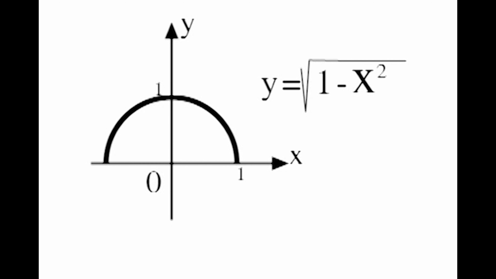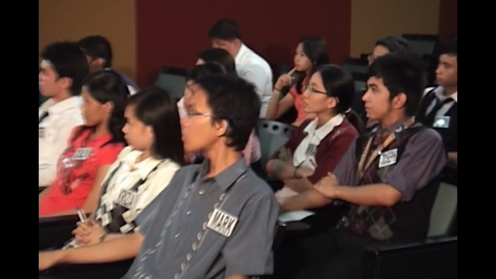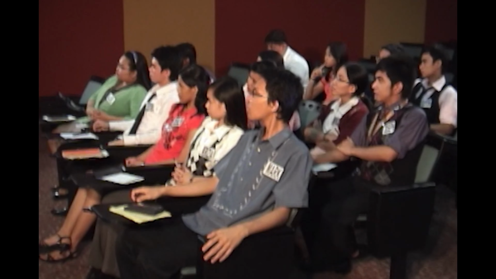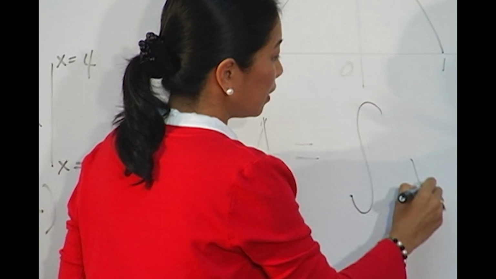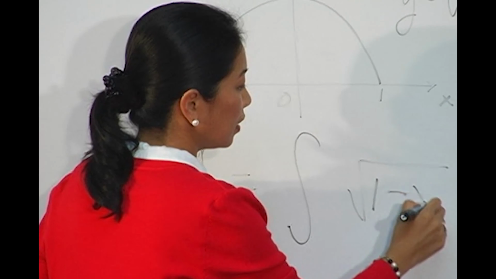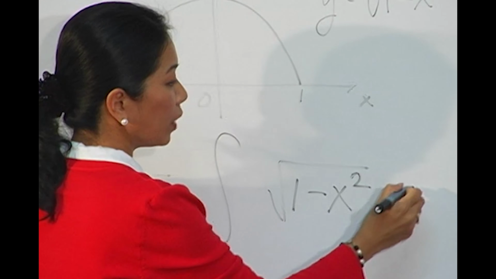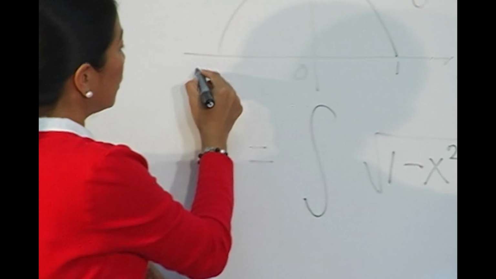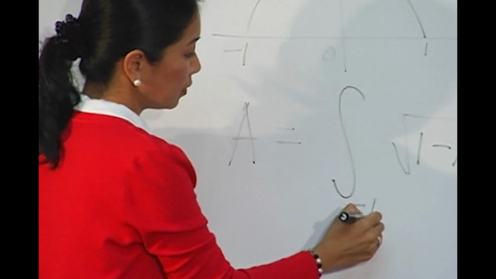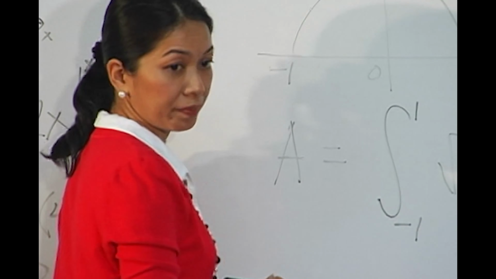So how is it going to look? It's going to look like what definite integral? The ceiling is the square root of 1 minus x squared. The width, you take it along the x-axis, and you have the very first one and the very last one.